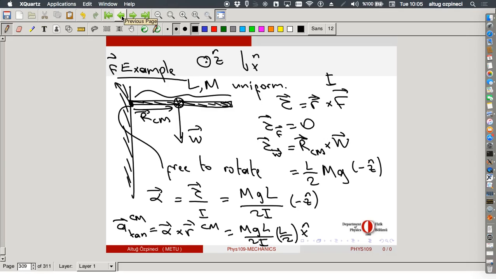This is the tangential acceleration of the center of mass, and since initially the center of mass has 0 velocity, it won't have any central acceleration. The only acceleration of the center of mass is the tangential acceleration, which is pointing downward.